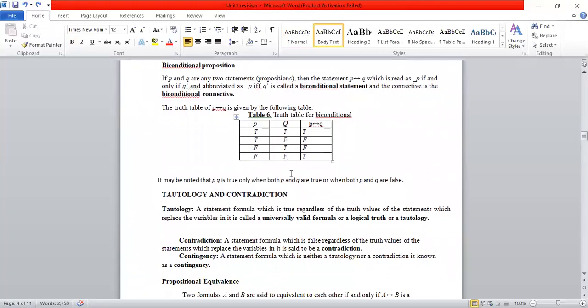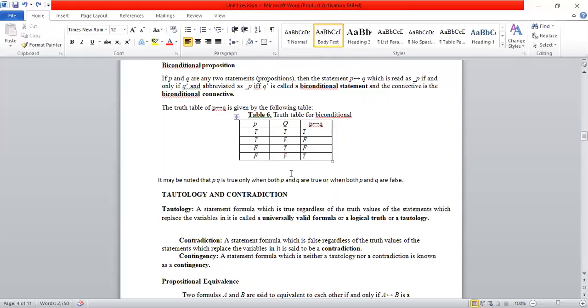Next, coming to the tautology and contradiction. What is meant by tautology? A statement formula which is true regardless of the truth values of the statements which replace the variables in it, is called universally valid formula or logical truth or a tautology.